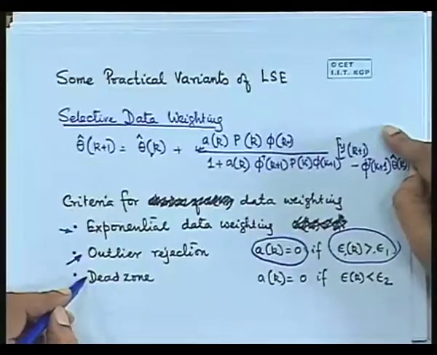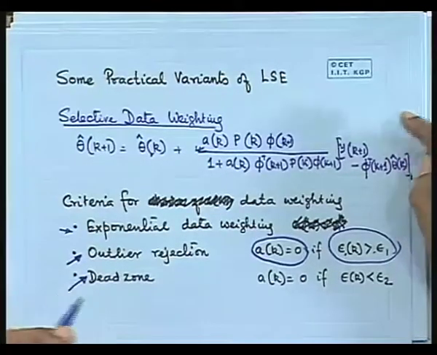Similarly, sometimes you also want to incorporate what is known as a dead zone. In some cases, it is not good to keep on estimating all the time. For example, you may know that there is a white type of noise of 0.1 volt standard deviation.